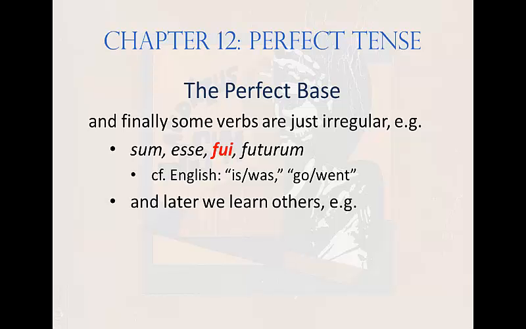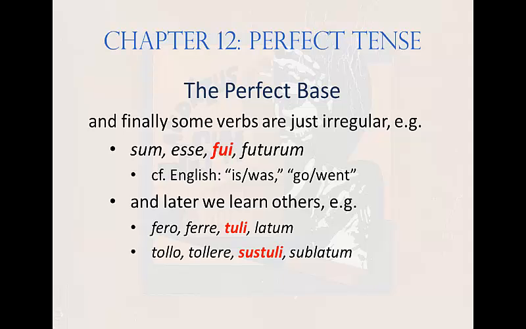Later in the class, we'll encounter other irregular perfect forms. Fero, ferre, tuli, latum, tollo, tollere, sustuli, sublatum. Your salvation for the moment is that you don't have to memorize those now, but you will eventually.